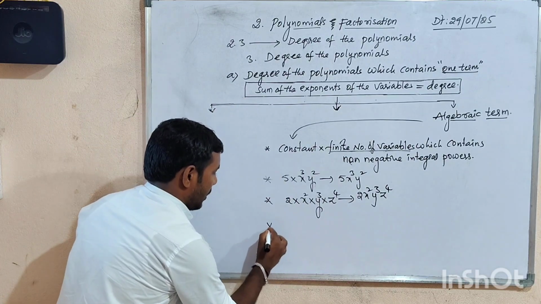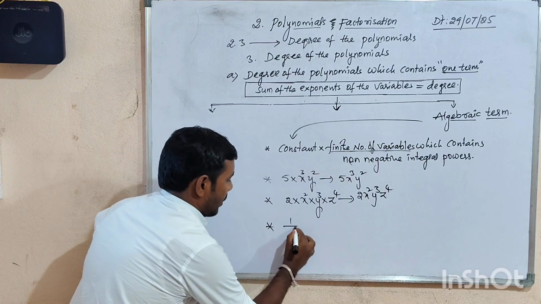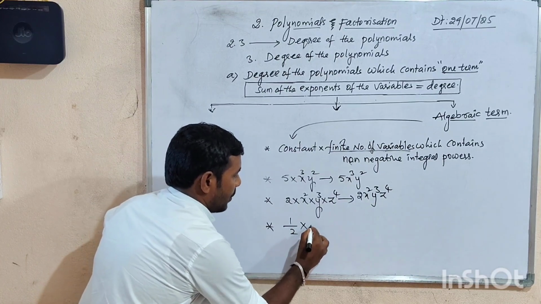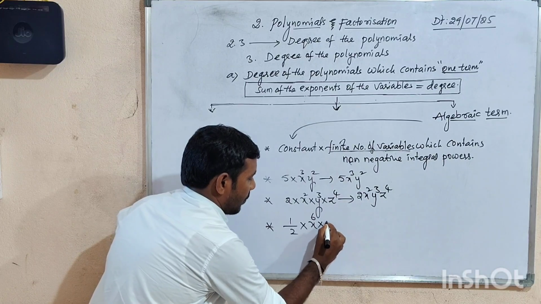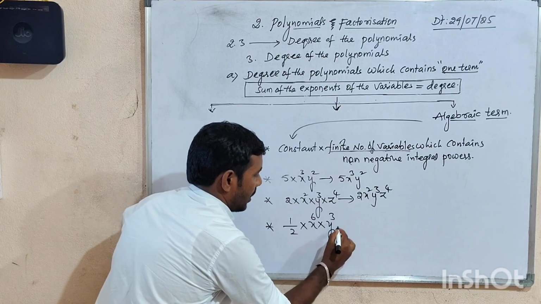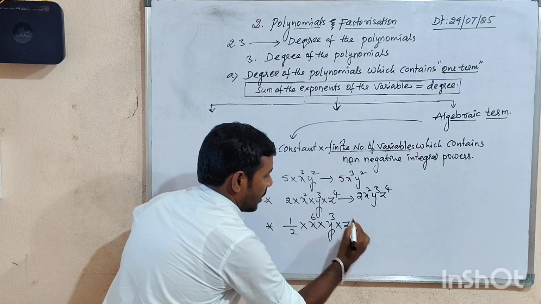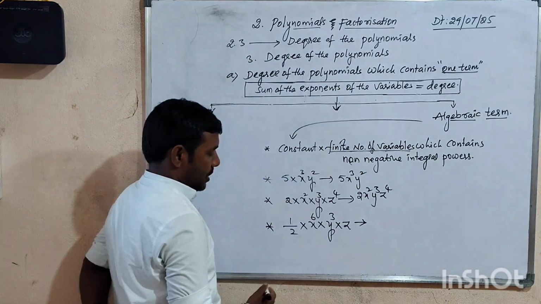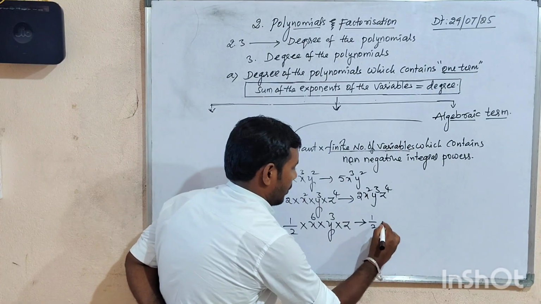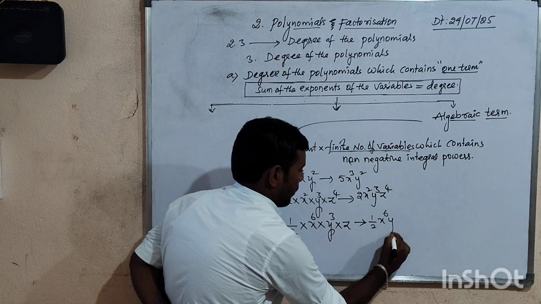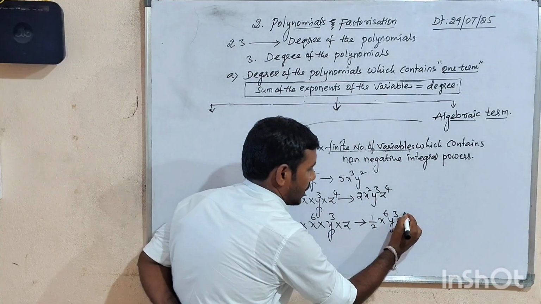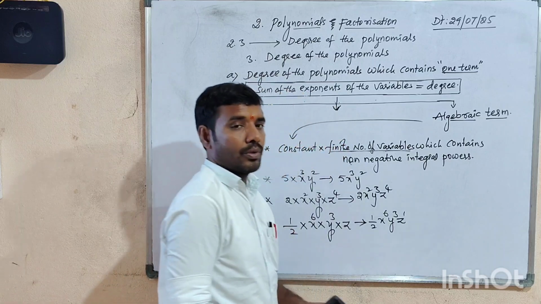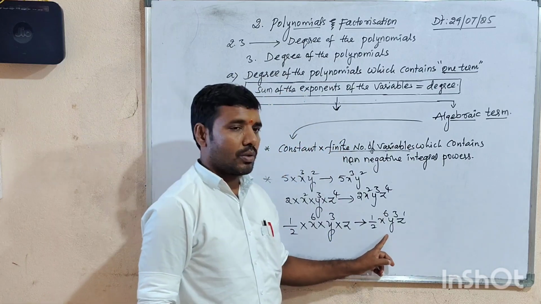Right. Last one. Let us take 1 by 2 into x to the power of 6 into y to the power of 3 into z. It's a multiplication of the terms: 1 by 2 x power 6 y power 3 z, with no exponent written there, so better to take 1. So their product is this one.